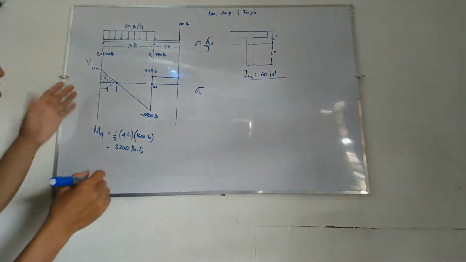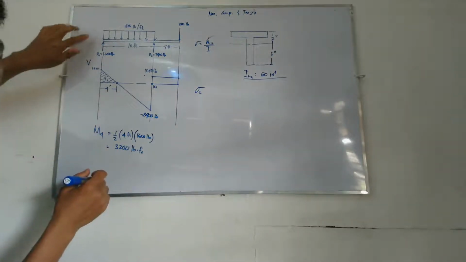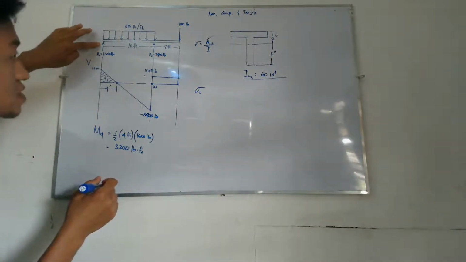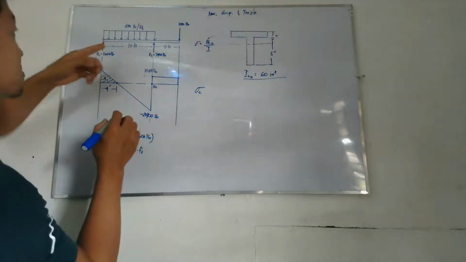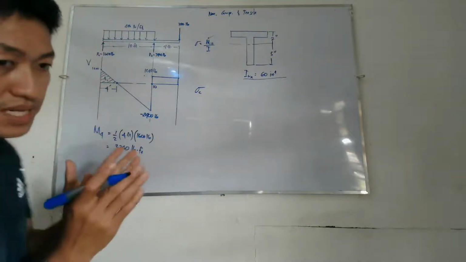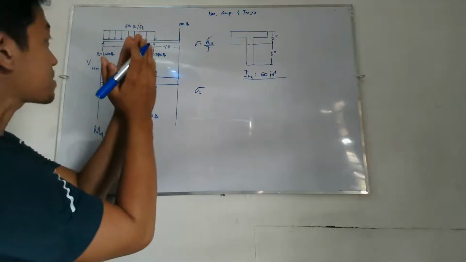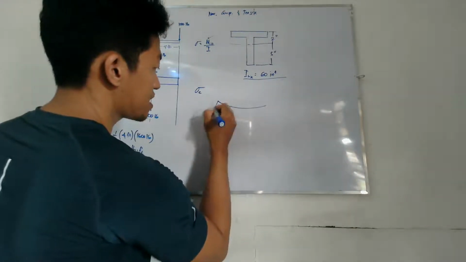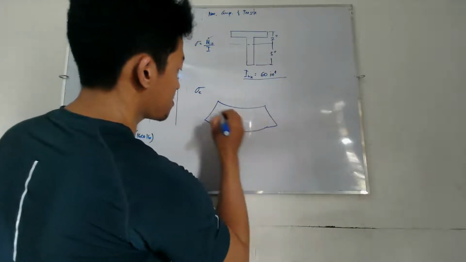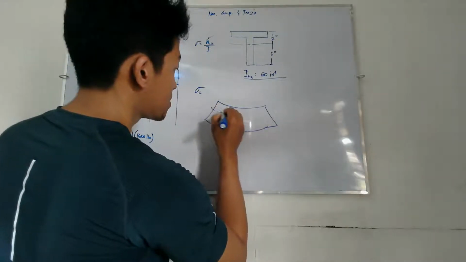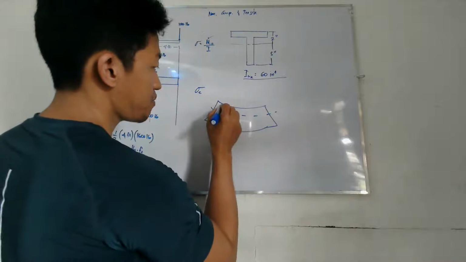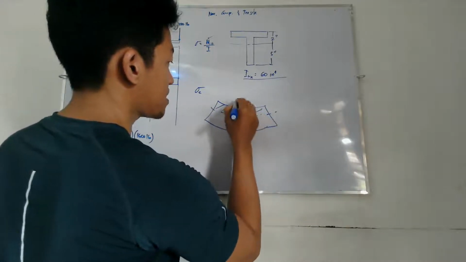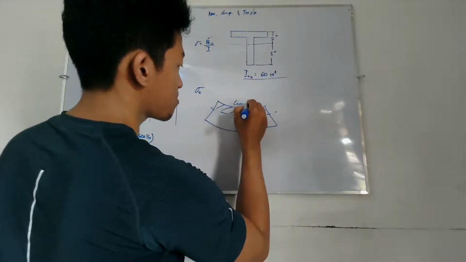Kung pasaka gali nga force, ang mahitabo sa imong beam, tampol kani nga beam, syempre ang dulo paingon paangat, no? So moana na siya ang imong beam karon. So kani nga part dire sa upper will be compressive.